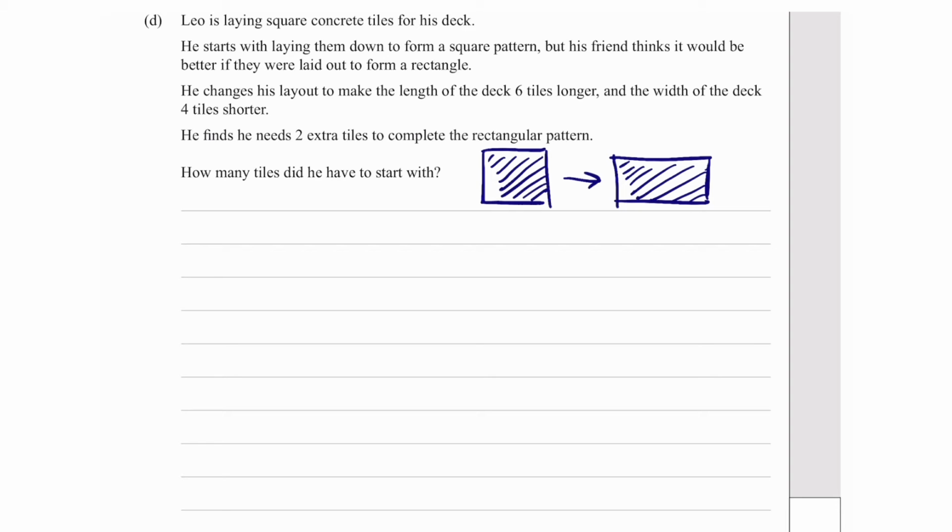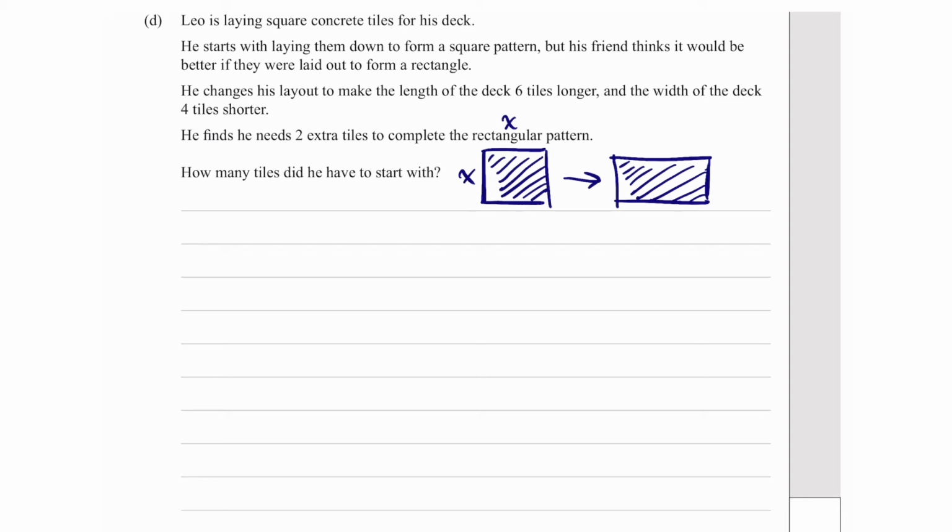So he changes his layout to make the length of the deck 6 tiles longer. Okay, so because we've got a square here, one of the properties of a square is that the sides are equal length, right? So we could call this the height of the square x, and the width of the square x, because they're the same value.